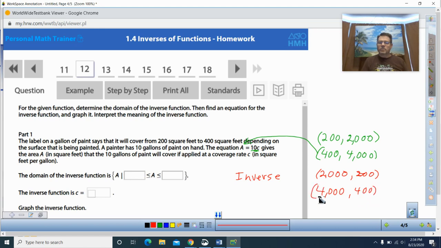Okay, so put your 200, 400 in here, I believe, and then you're going to switch x and y, solve for y. I think that ends up being a equals c over 10, I think. And then you're going to come down here and graph, but you're going to graph these ordered pairs in red, not the green ones, because it asks you to graph the inverse. So I think that should be enough for that without having to do the whole thing for you.